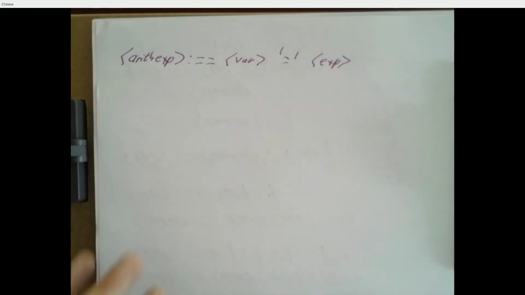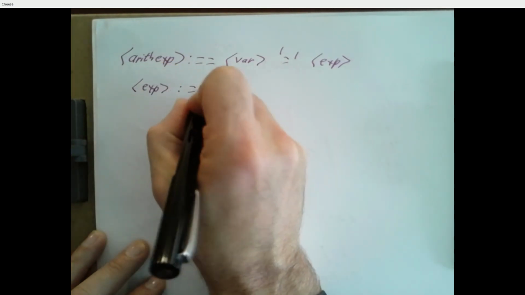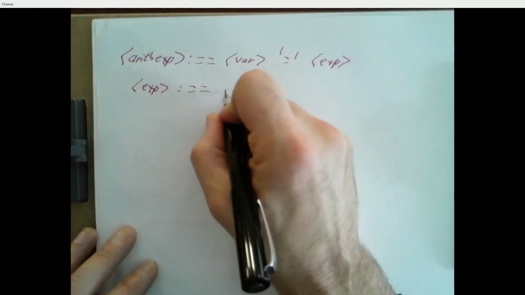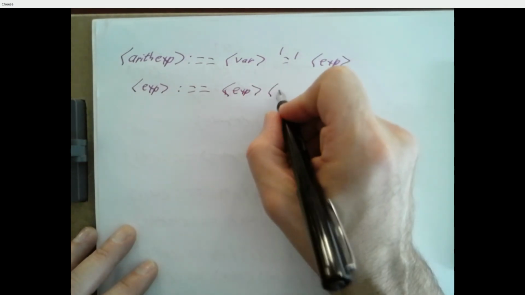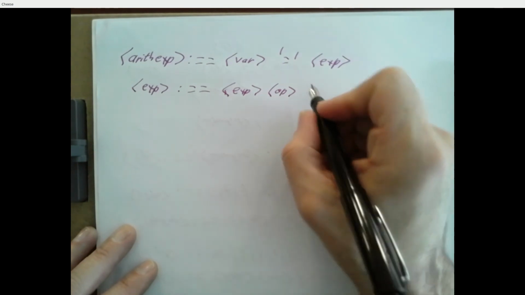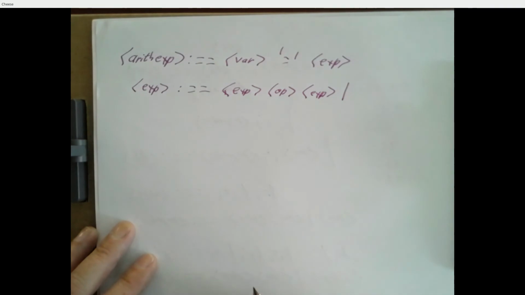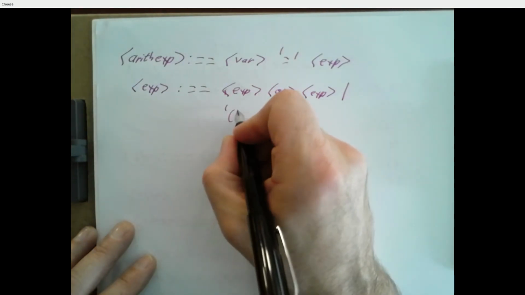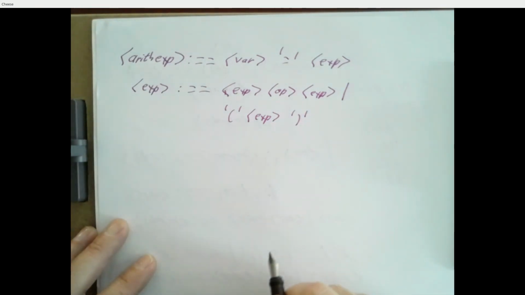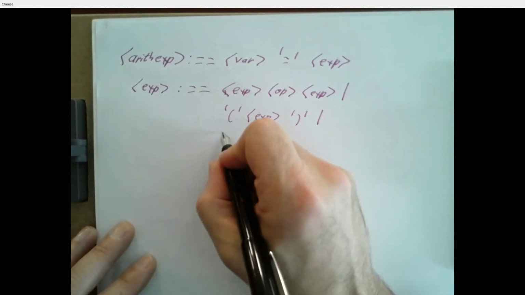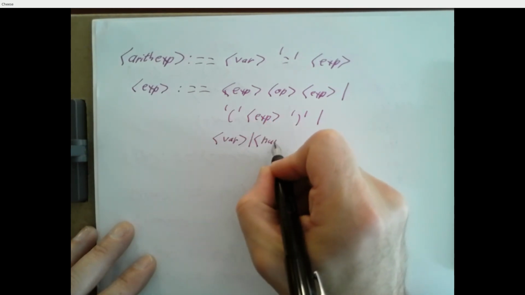I want to look at an expression. So an expression can be defined as an expression followed by an operator followed by an expression, or a parentheses followed by an expression followed by a closed parentheses, or a variable, or a number.